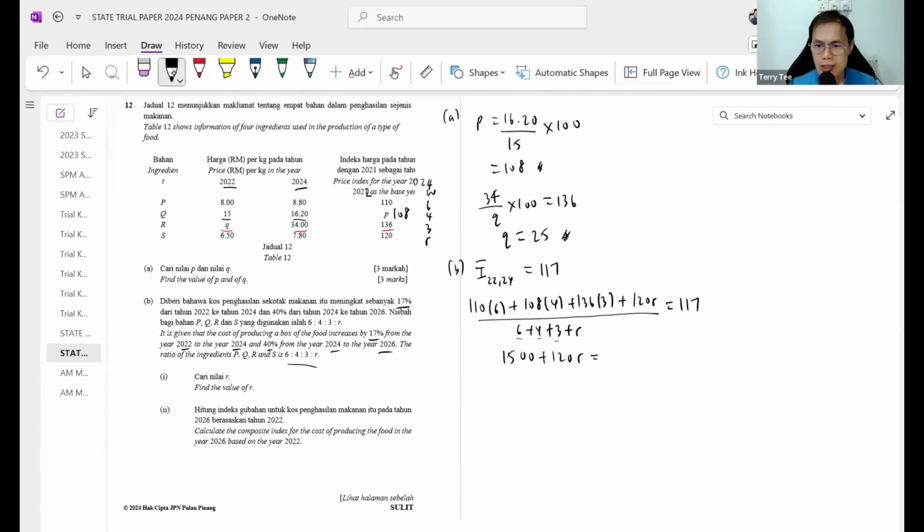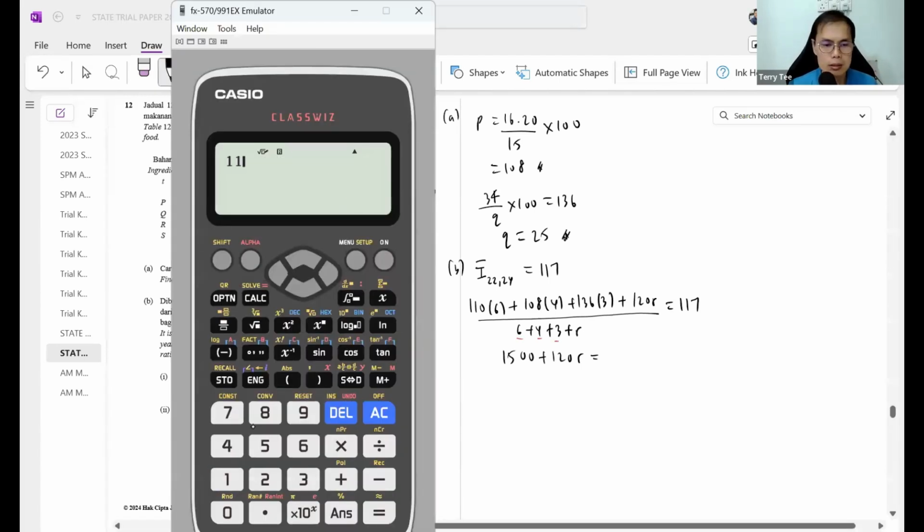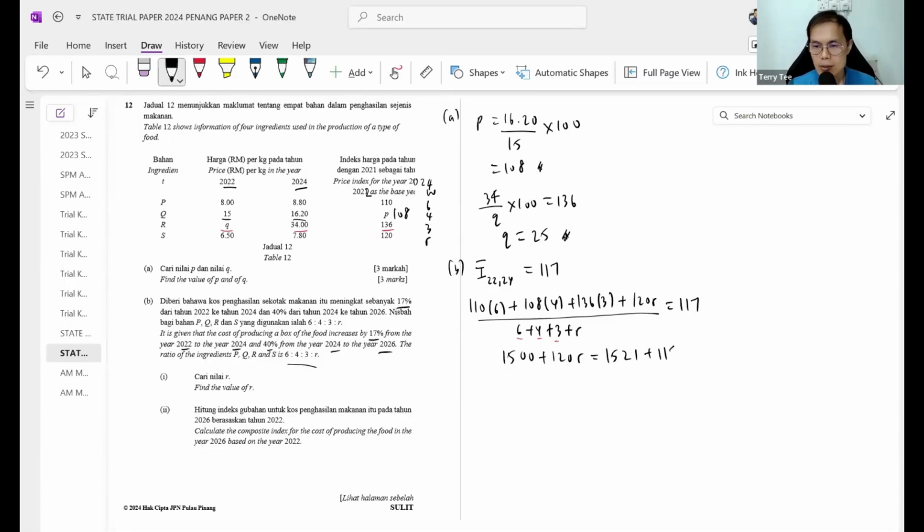So I'm going to cut short my working a little bit. 117 times 13 is going to give us 1521. R times 117 is 117R. Bring it to the left. 120 minus 117 is 3R. 1521 minus 1500 is 21. 21 divided by 3, R is just 7.